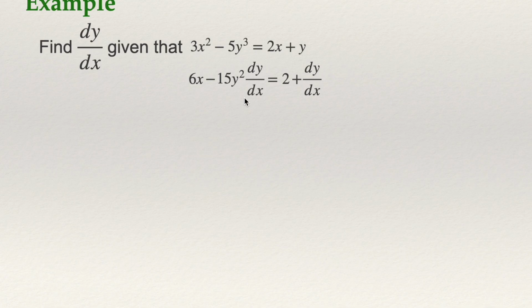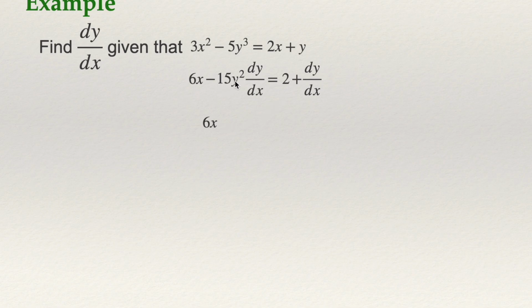After that, what you need to do is just solve the equation for the derivative that you are looking for. And you're looking for dy/dx. So just solve this equation for dy/dx. And solving this equation, you get 6x. You can type every term that doesn't have the derivative on one side.